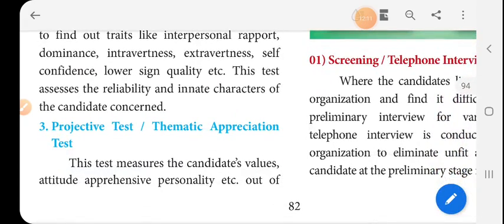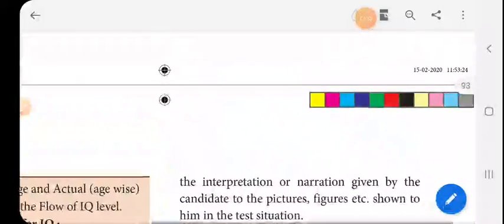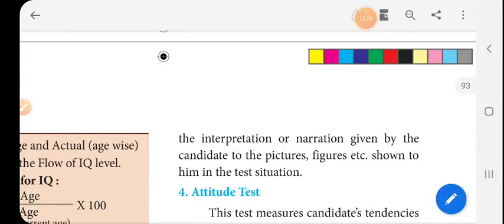Then third one, projective test or thematic apperception test. This test measures the candidate's values, attitude, apprehensions, personality, etc., out of the interpretation or narration given by the candidate to the pictures, figures, etc.